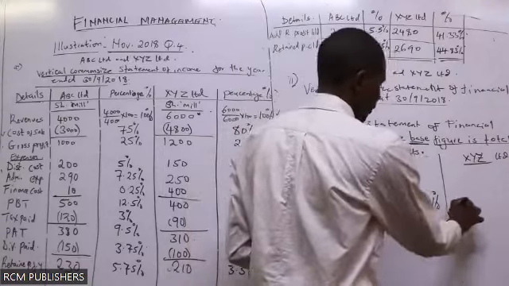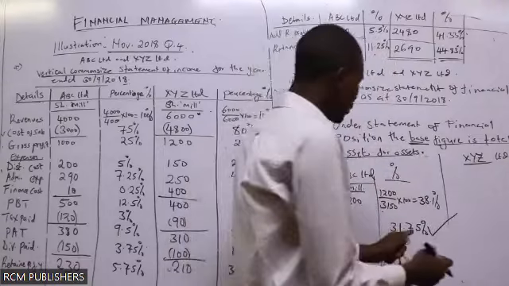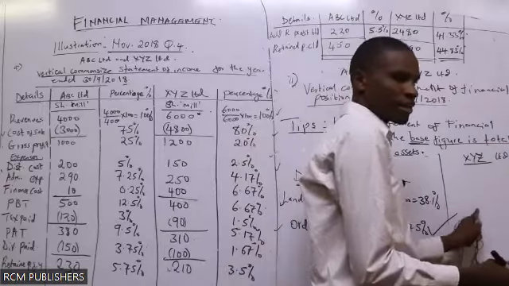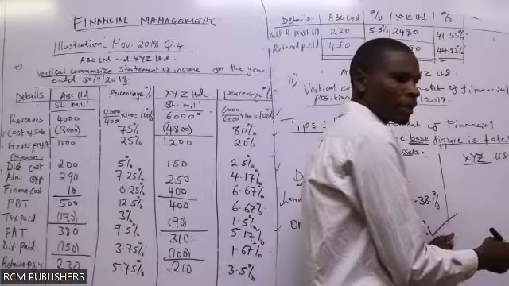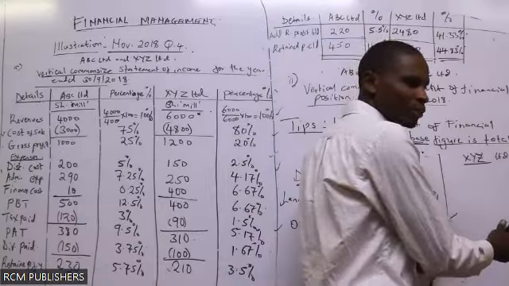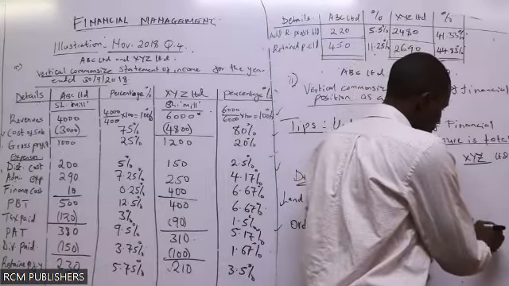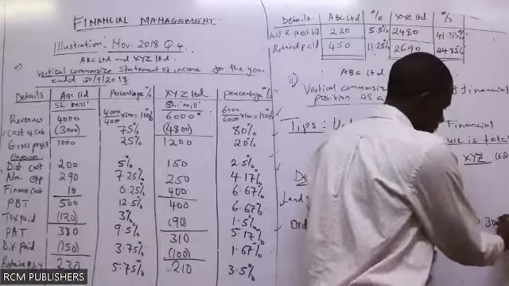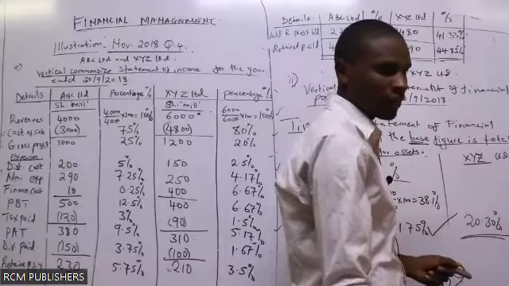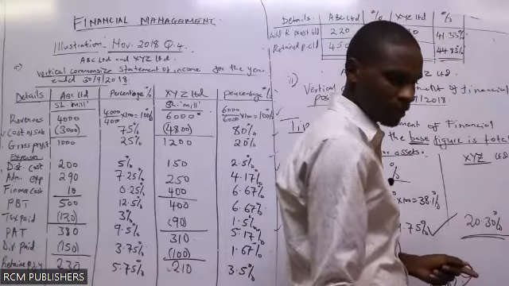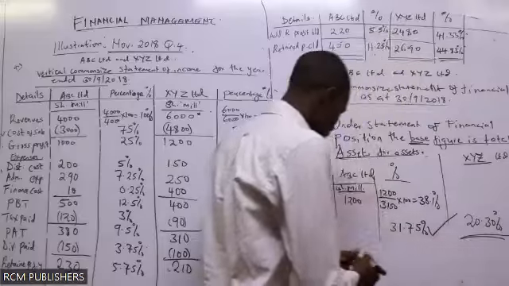Great. Let's go to ordinary share for XYZ. 20.30. 20.30%. It's a percentage. Thank you so much. Let's compare something else like bank overdraft.